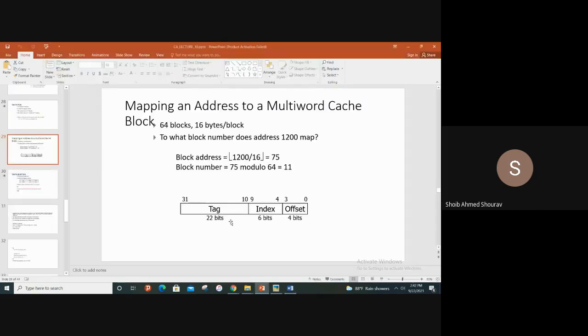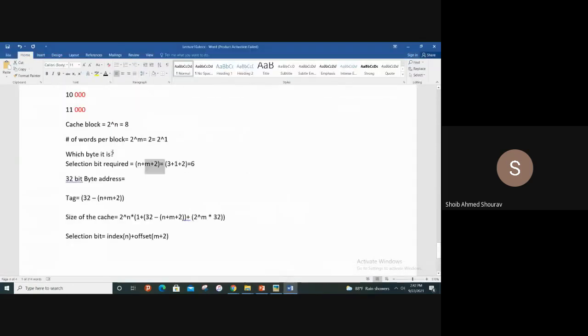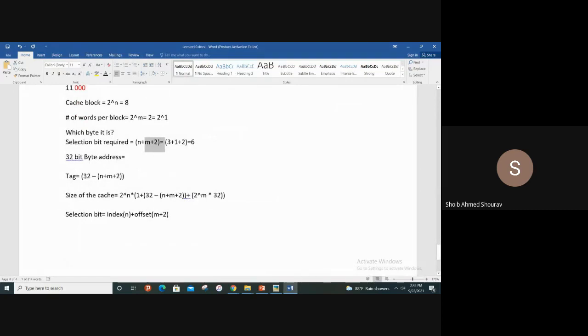Okay, back in here. So what is the total bit? If we see this formula, total bit minus index is equal to tag. So the total memory field will be tag plus selection bit, right?